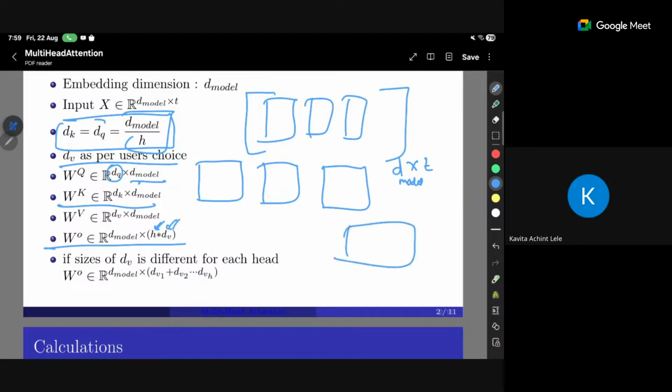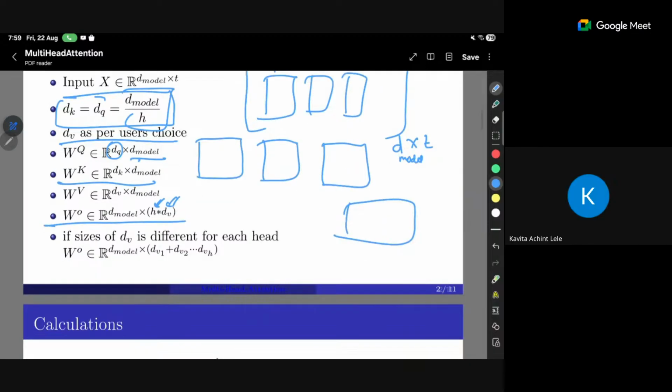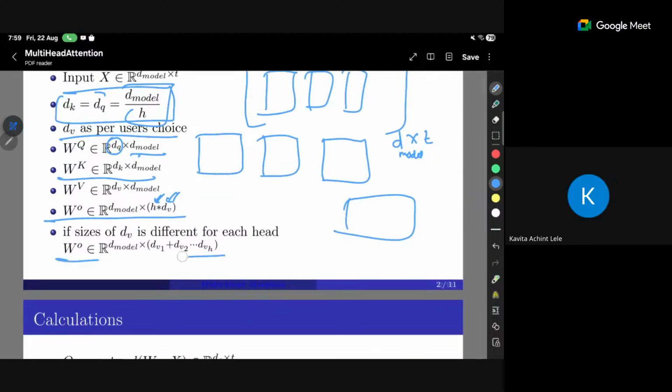So you get wo as another matrix. If the sizes of dv you choose are different, it's up to you. Generally nobody does that, but the possibility does exist. Then you will not multiply, but you will add each dimension.